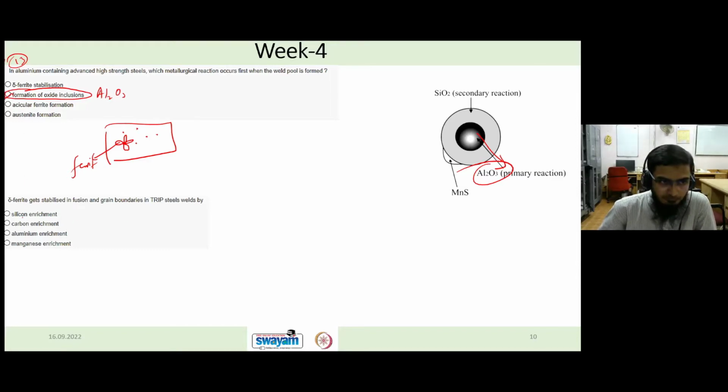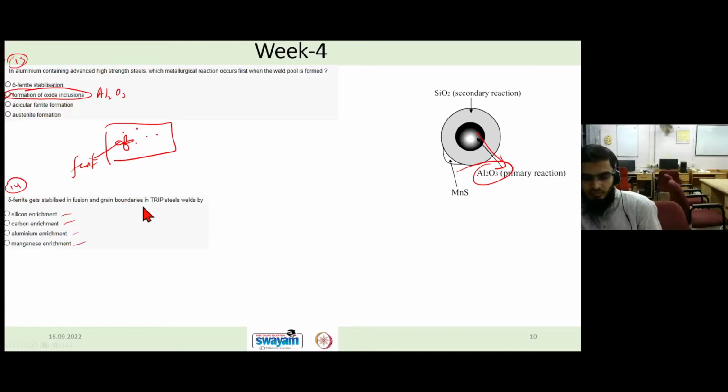Yes, sir. Now we'll solve the 14th problem. Delta ferrite gets stabilized in fusion and grain boundaries in TRIP steel welds by silicon enrichment, carbon enrichment, aluminum enrichment, manganese enrichment.